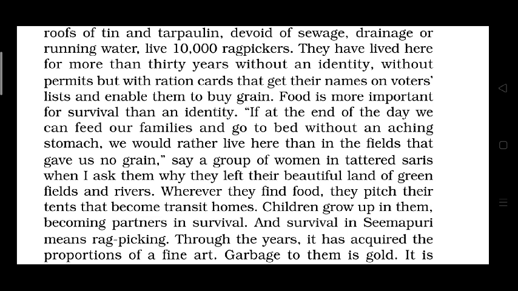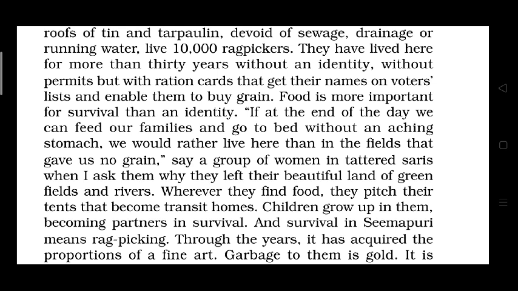They are 10,000 in number, a big number. They have lived here for more than 30 years without an identity, without permits, but with ration cards that get their names on the voters list and enable them to buy grain. Now see, they are not worrying about their identity. They do not have any other identity proof.